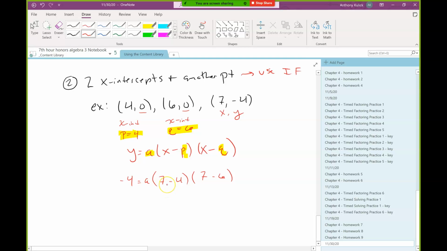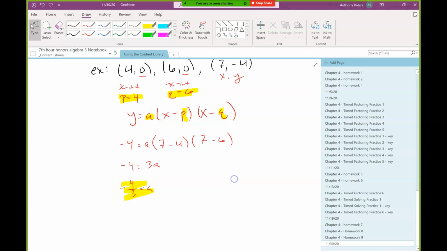So, 7 minus 4 is 3, and 7 minus 6 is 1. 3 times 1 is 3, so I have 3a. And if I divide both sides by 3, I get a is negative 4/3. So that's everything I need.